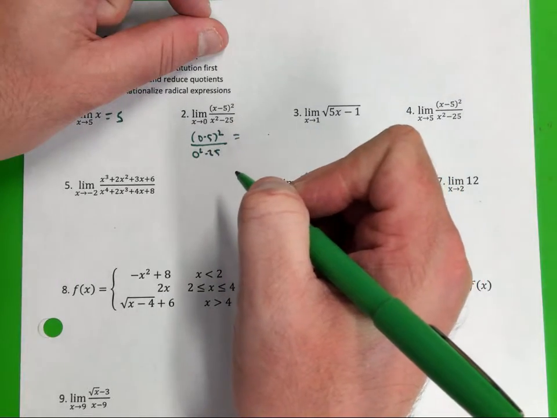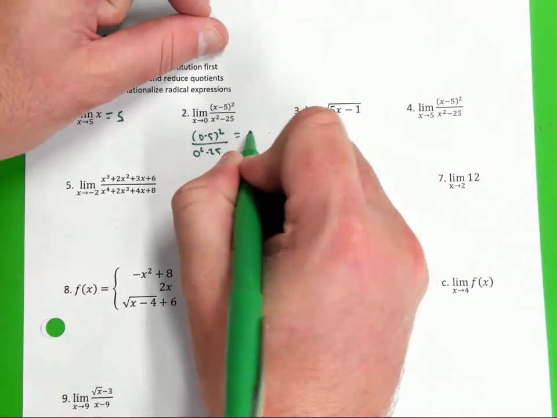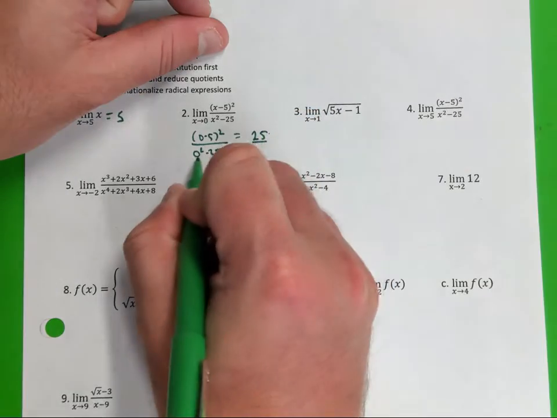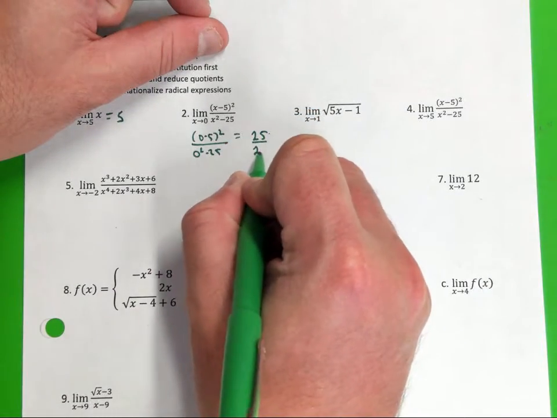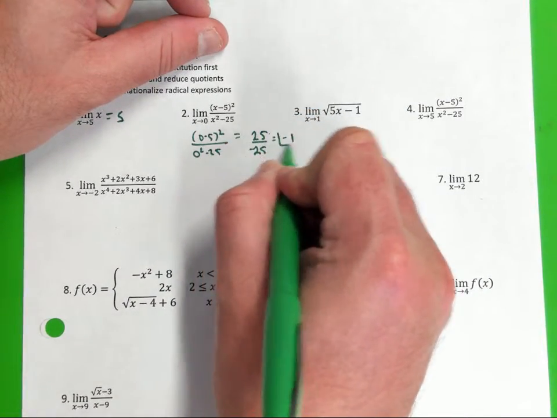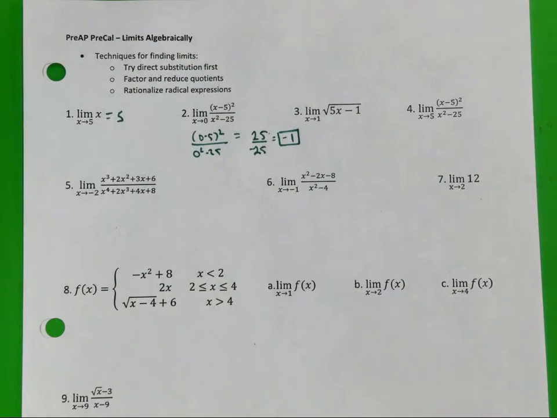What's 0 minus 5? Negative 5 squared is? 0 squared minus 25 is? So that gives me a negative what? So my limit, as x approaches 0, is approaching the y value of negative 1. As I'm going to 0 on the x-axis, my y value is going to negative 1. That's what that means. Does that make sense?